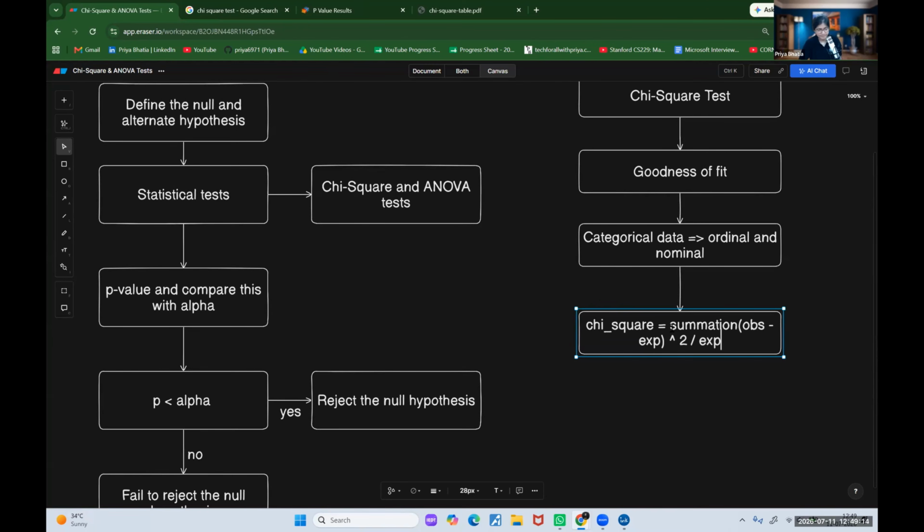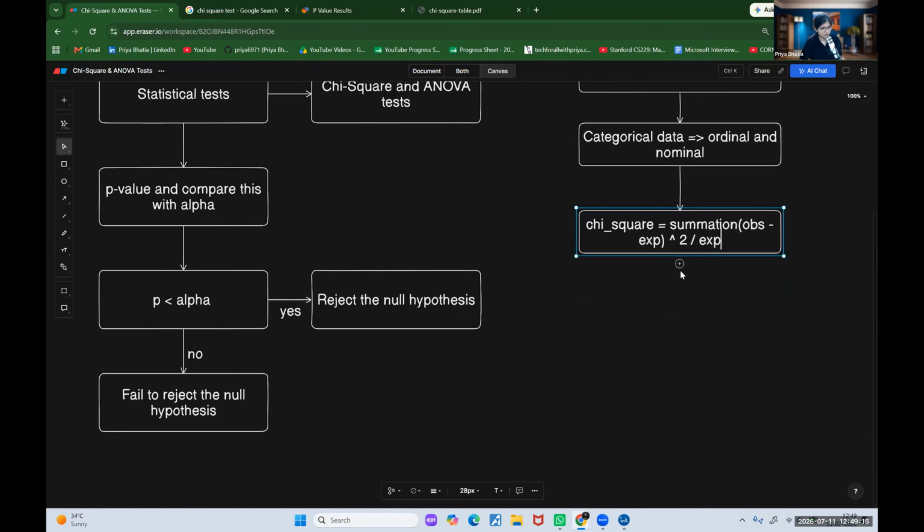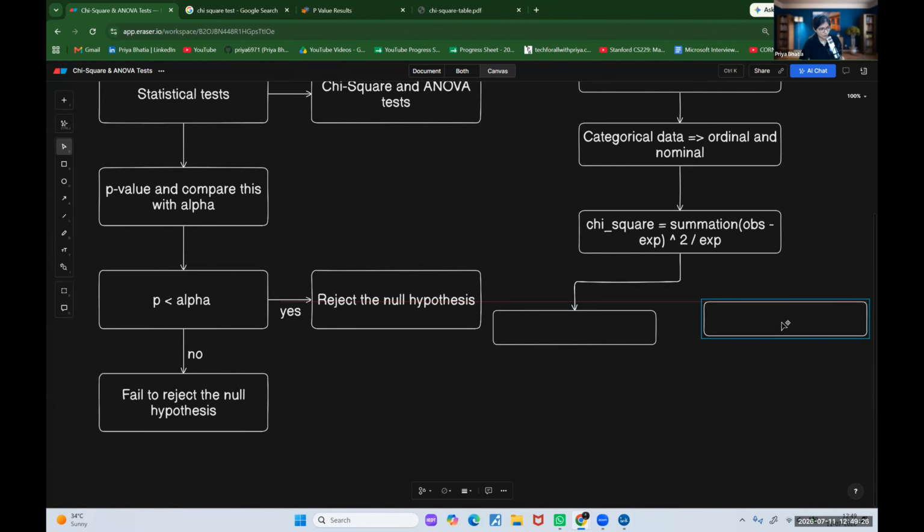Is it all right? Once we get that value, as I have mentioned, you have two things to do in the test part. What are those two things?